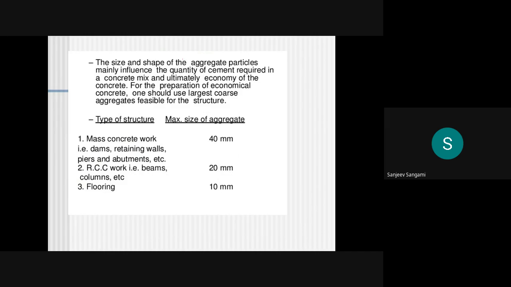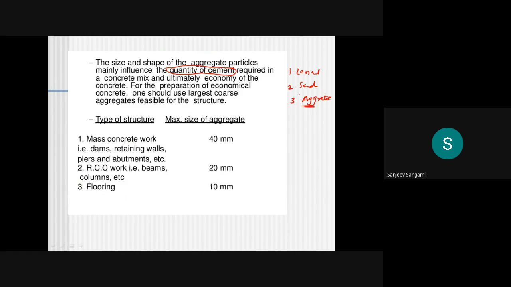Then the size and shape of the aggregate particles mainly influence the quantity of cement required in the concrete mix, and ultimately the economy of the concrete. Remember this. When it comes to economy, cement is costlier than sand and aggregate.